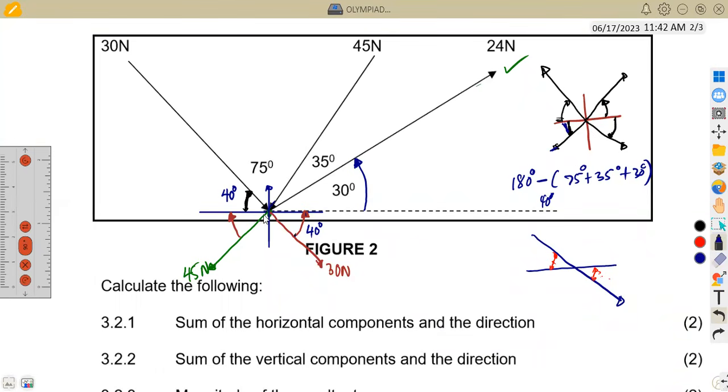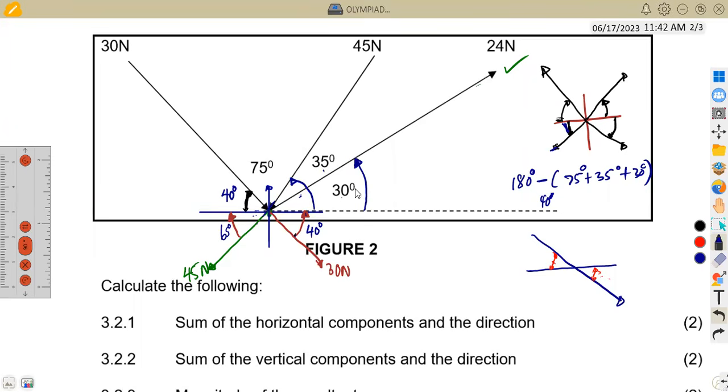So between the horizontal line and the line that we extended, this angle is going to be the same as this whole angle, from vertically opposite angles. So if we add 30 and 35, we obtain 65 degrees. So this angle between the force and the horizontal line is 65 degrees.